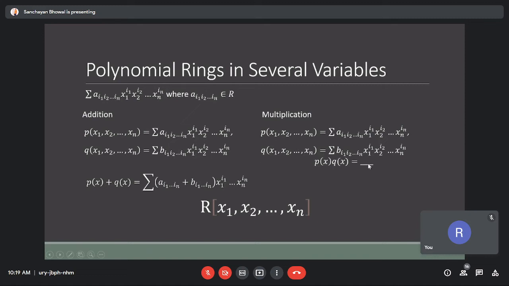I have kept this empty because this multiplication you can define in a similar way, but it becomes difficult to write in this fashion. There are sophisticated ways to write this, but I don't know much about them. So addition can be written in a similar way, and we denote this notation R x1 x2 xn.